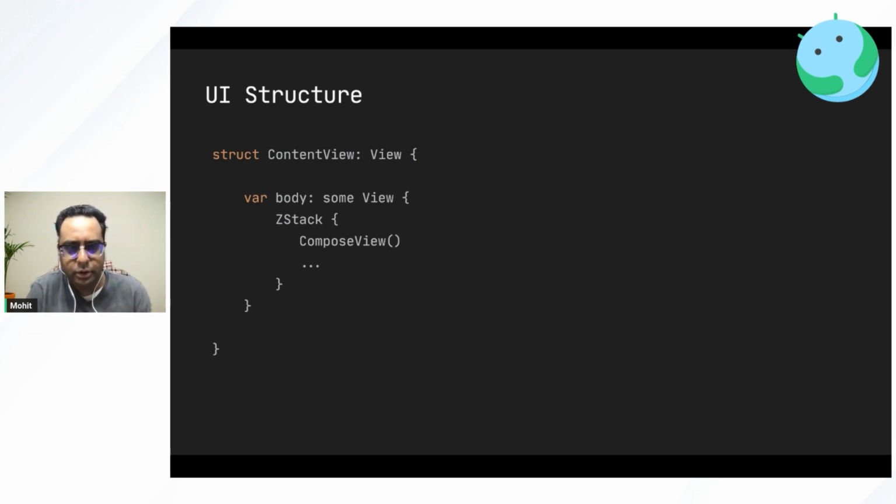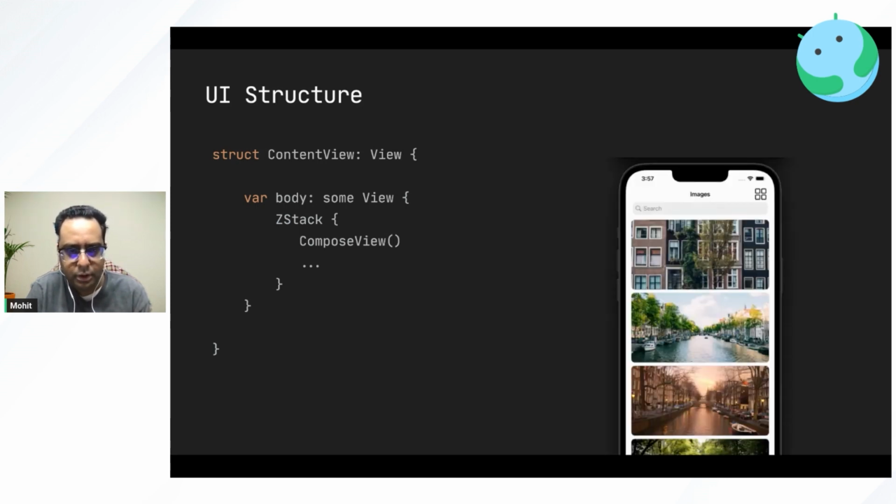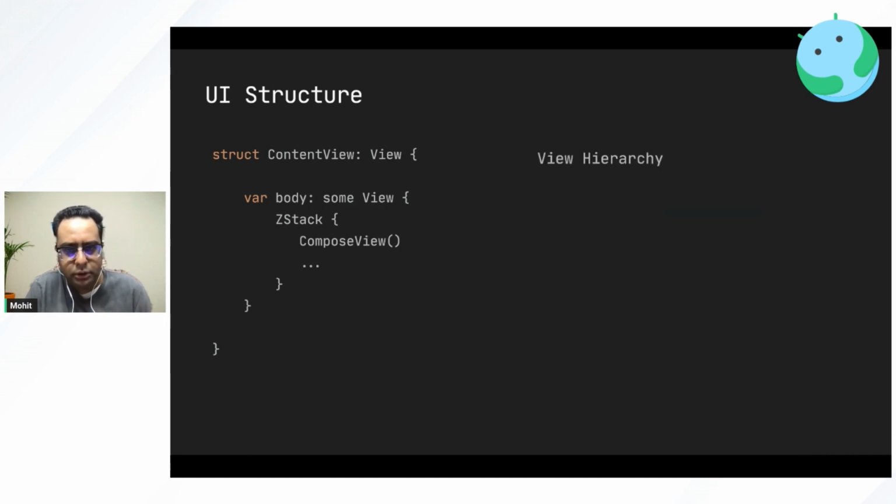In the Jetpack Compose Multiplatform library, you'll see examples of this. They have an example of a to-do app that also shows how to do this. And when I run this app, it will show my app in the iOS simulator.